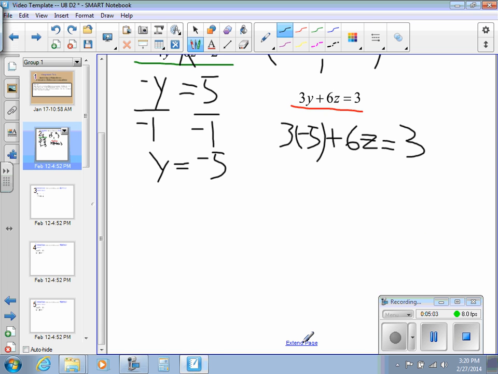Now I just need to solve this. Well, 3 times negative 5 is negative 15 plus 6z equals 3. I'm going to add 15 to both sides.